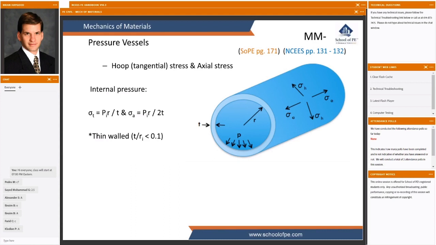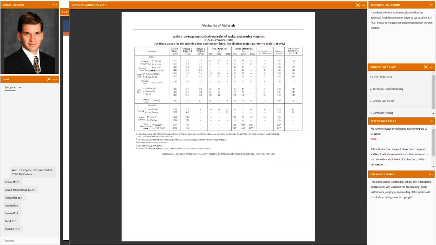So enter the discussion here of pressure vessels. We're going to take a look at what they've got in the handbook. There are a few different equations used for pressure vessels, and what we see on this slide is just the thin-walled version, but let's take a look in the handbook.